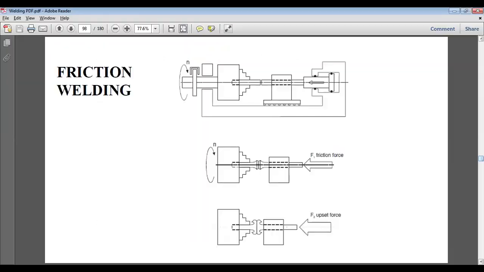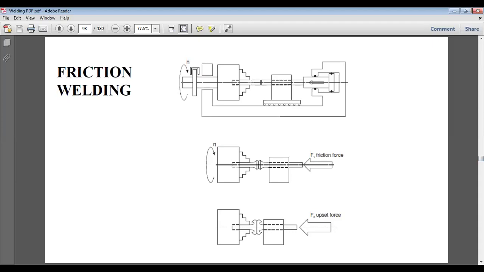Then we talked about friction welding. We did not elaborate at that point, but I gave the basic idea of how it works. Here we have a detailed elaboration. We have a machine similar to a lathe, with a live center and a dead center, and two chucks: one for the live center, and another holding device at the end of the dead center. We put the two parts to be welded on this machine.